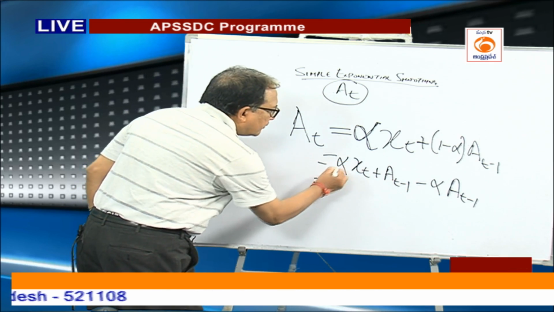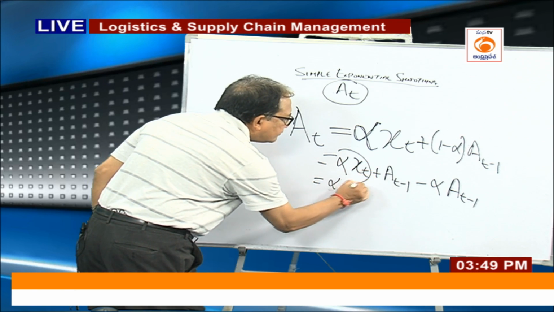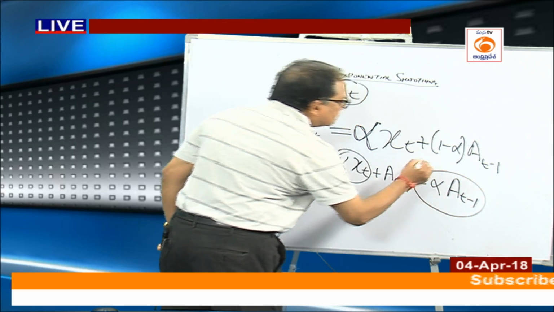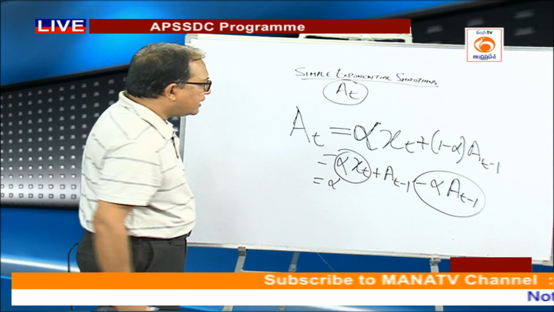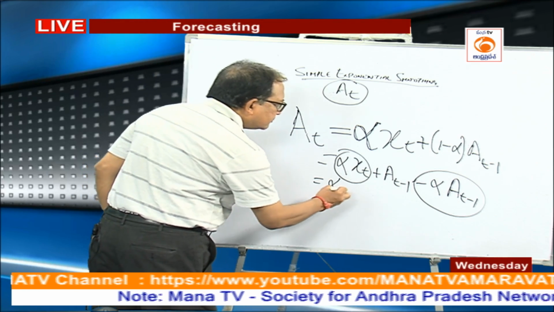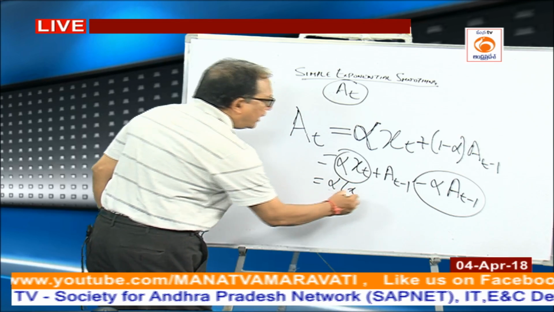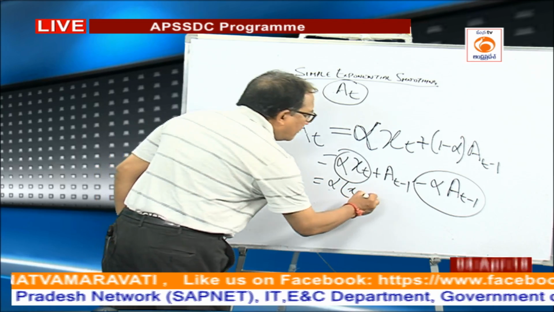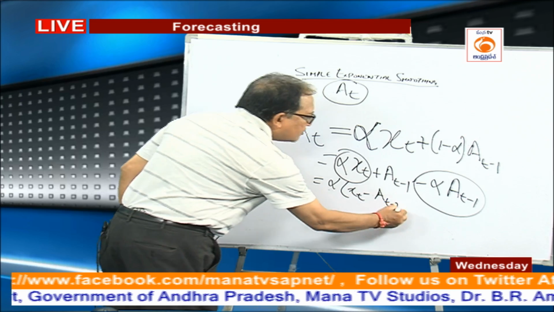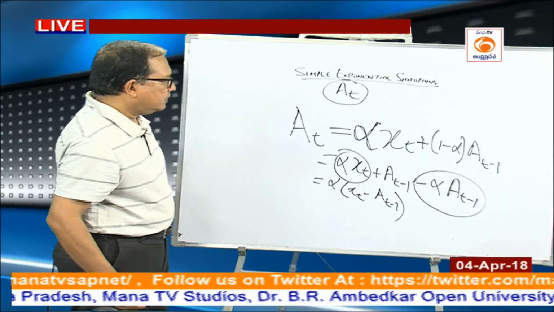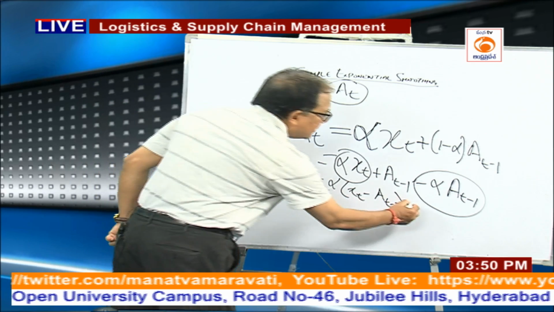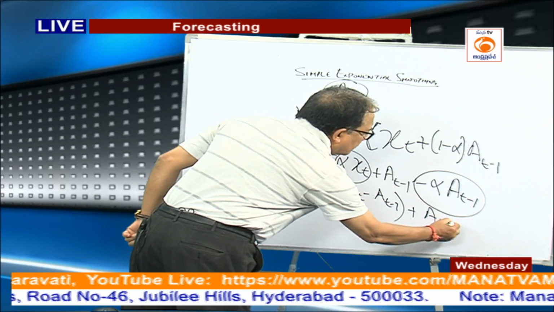Now, take alpha as common. Alpha into x t minus A t minus 1, plus A t minus 1.